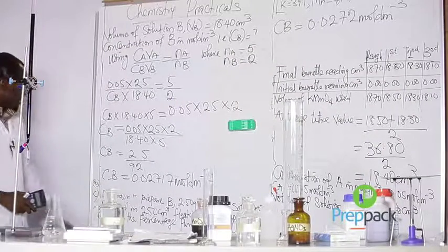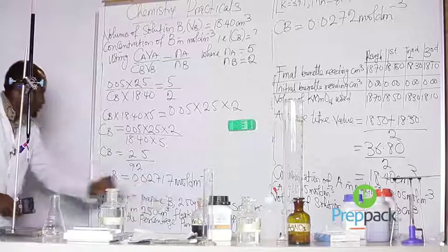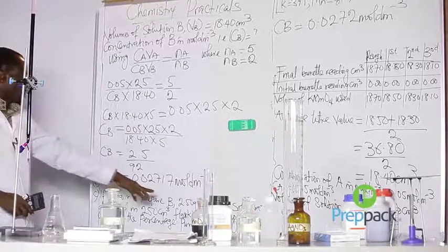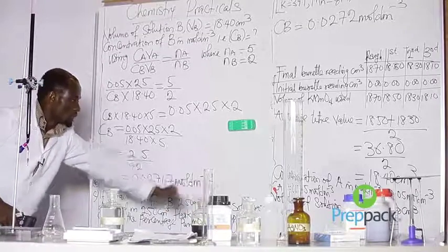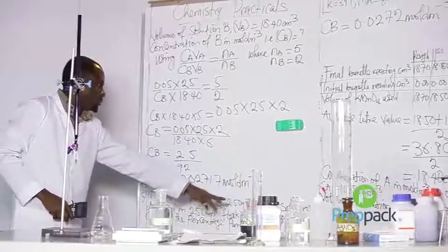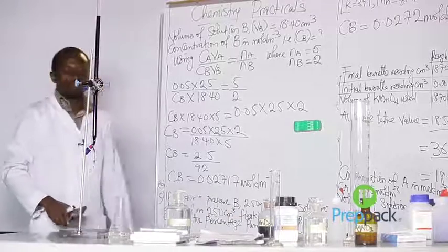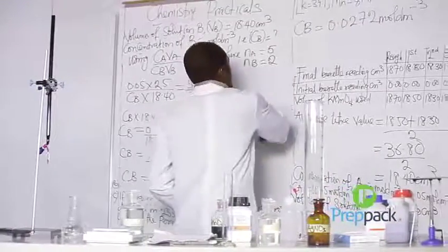The final question says, if in order to prepare B, 2.50 gram of impure solid was dissolved in a 250 cm3 flask and made up to the mark, calculate the percentage purity of KMnO4. How do I do this?